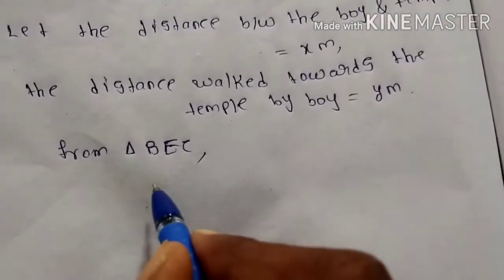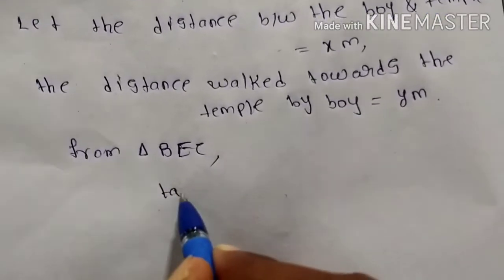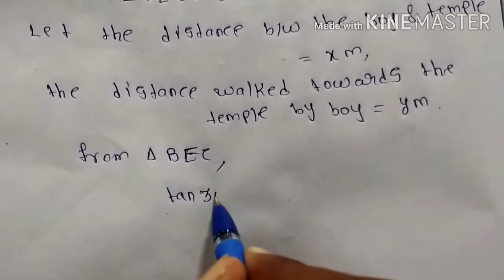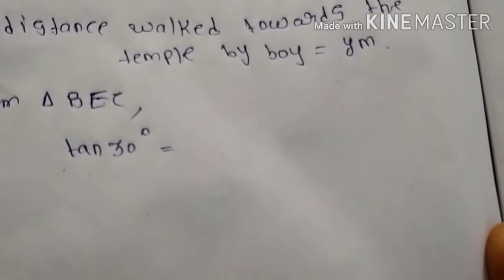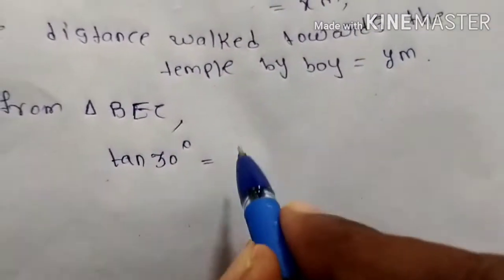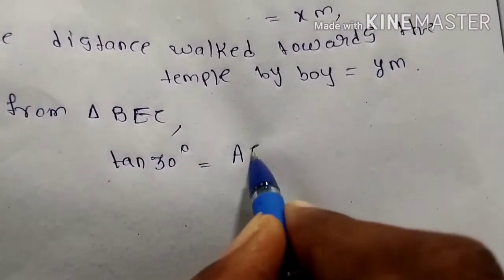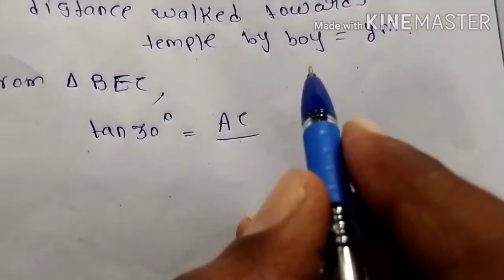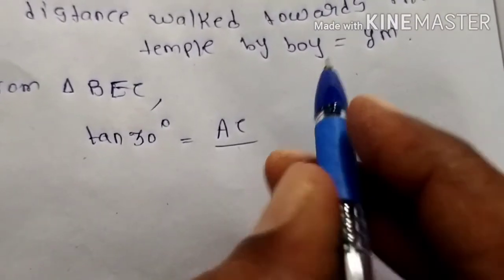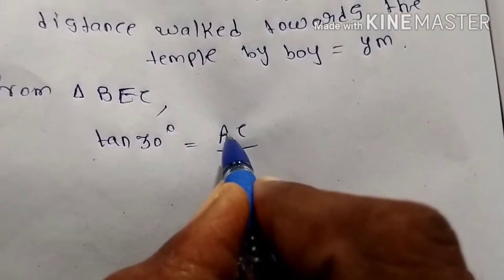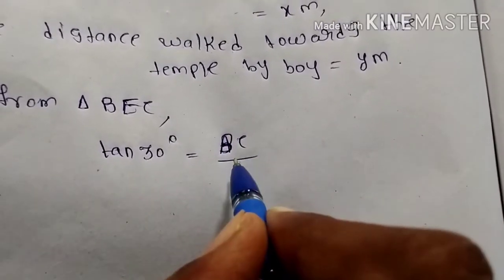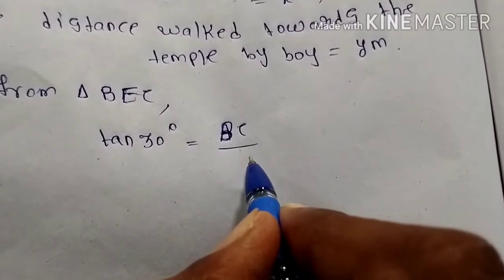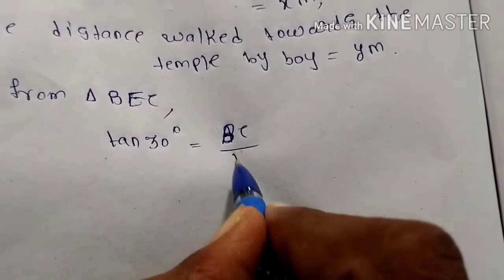So tan 30 degrees is equal to opposite BC by BE.